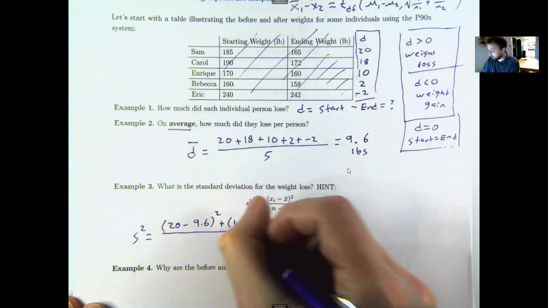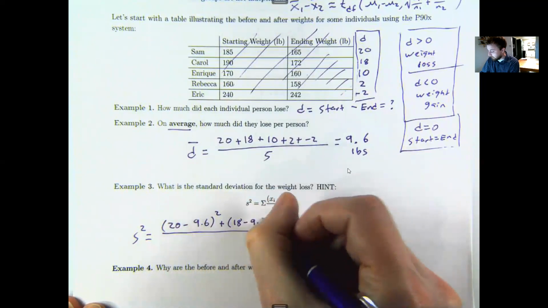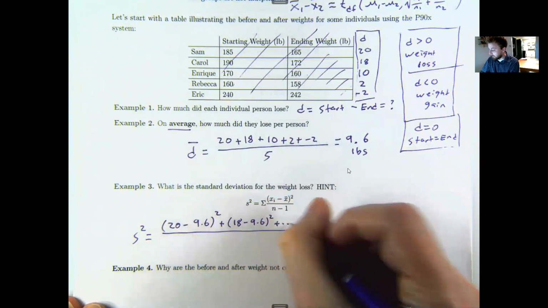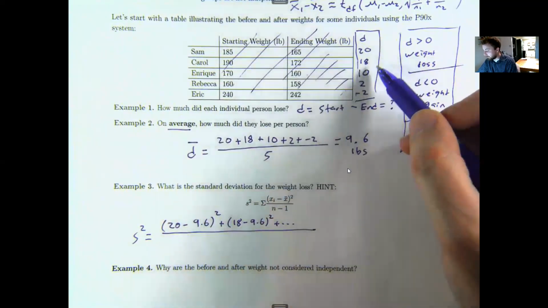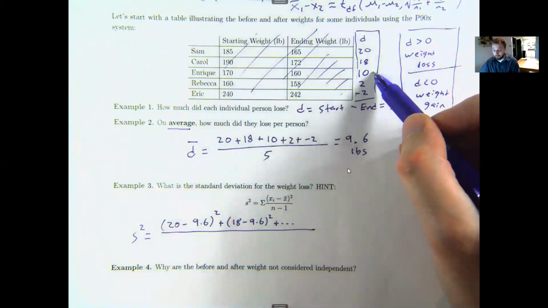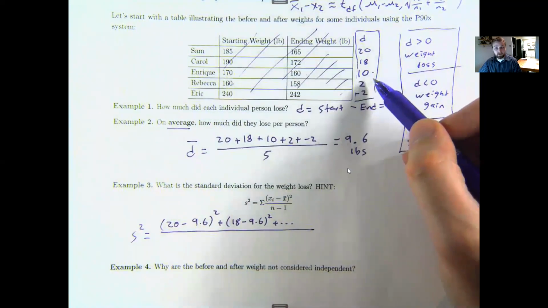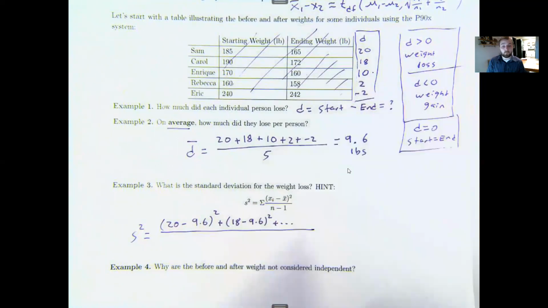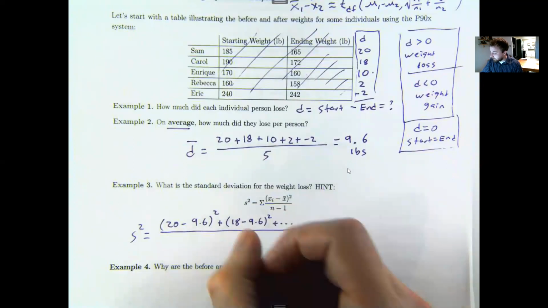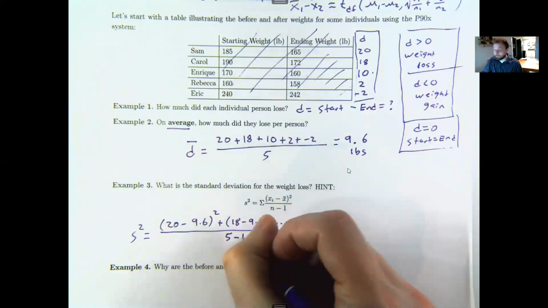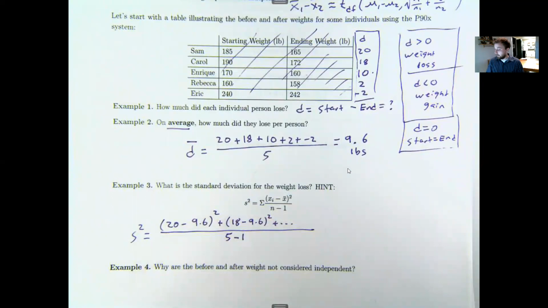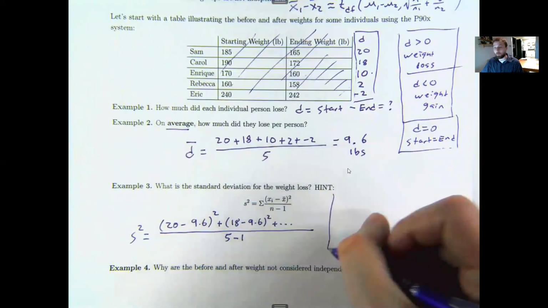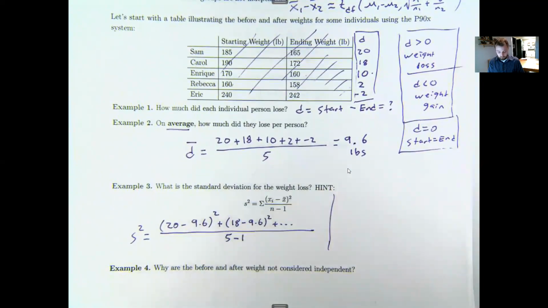Next value in the list is 18, minus the center squared, and I'm going to add all of these up, and then I'm going to do 10 minus 9.6 squared, 2 minus 9.6 squared, -2 minus 9.6 squared. And I'm going to divide this by the number of terms, 5, take away 1. This denominator of 4, this n minus 1 thing should look a little bit familiar. This is actually the degrees of freedom that we're working with when we're doing these t distributions.